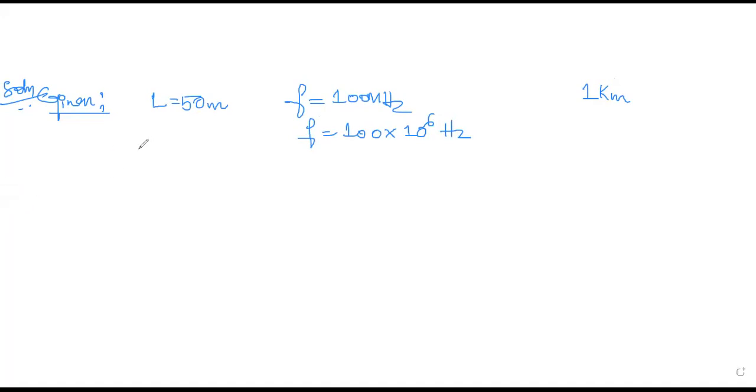Now you know the question. A directional antenna has a maximum electrical dimension of 50 meter, and its operating frequency is 100 megahertz. A field is measured at 1 kilometer from the antenna. Is it near or far field?